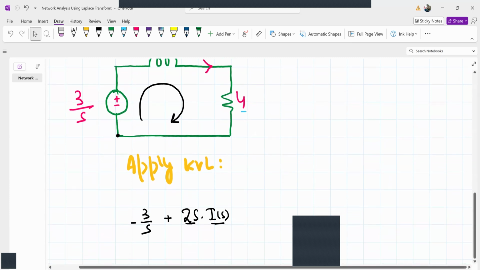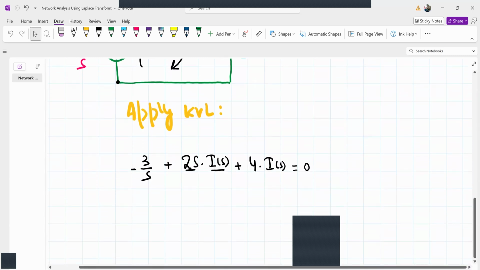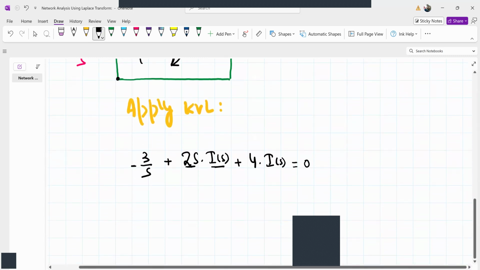Similarly, the voltage drop in this resistor is 4 multiplied by I of s. Impedance multiplied by current is again the voltage drop here. So the sum of the 3 voltage drops is equal to 0. That's the KVL here. Let's simplify this equation. Let's take the 3 by s to the right hand side.